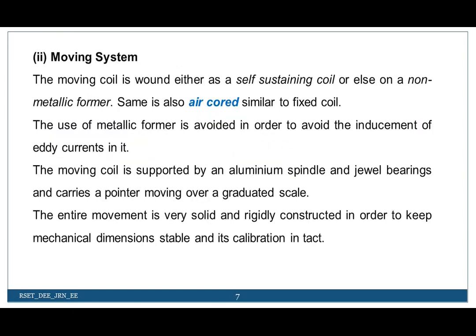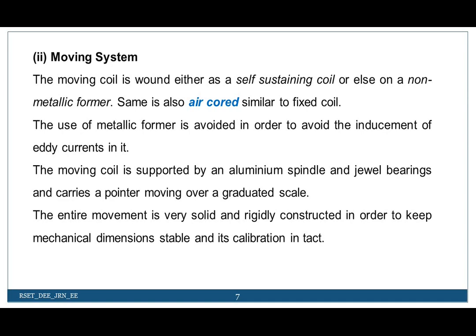Now, the moving system: the moving coil is wound either as a self-sustaining coil or else on a non-magnetic former. It is also generally air-cored, similar to the fixed coil. The use of a metallic former is avoided in order to avoid the inducement of eddy currents in the aluminum former.